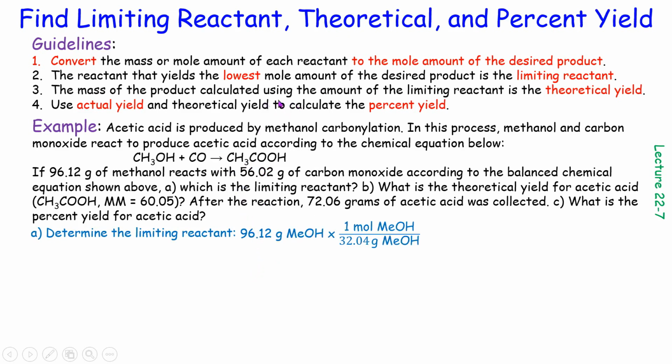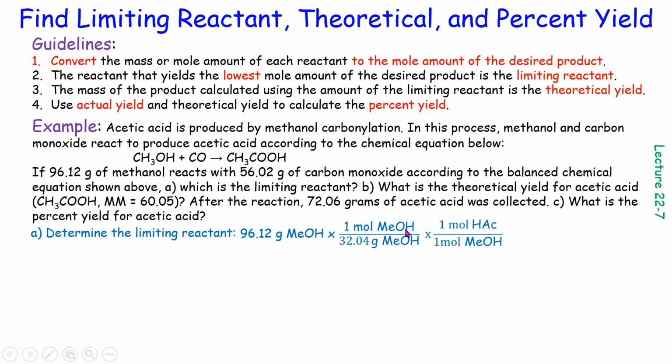First, 96.12 grams of methanol. We are converting from grams of methanol to moles of methanol. Grams of methanol and grams of methanol, that's cancelled. And now we have moles of methanol on top.